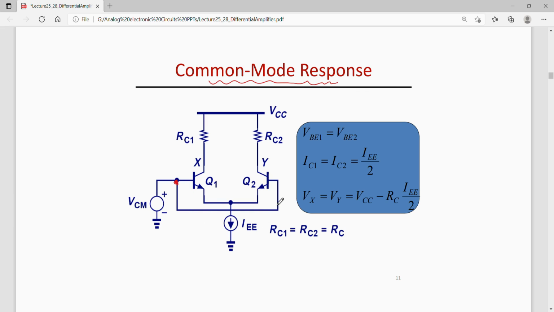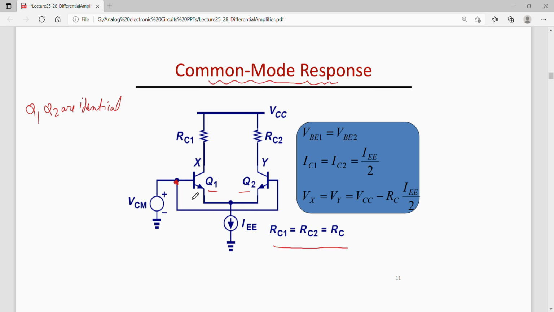Let us assume that these two transistors are completely matched or identical, Q1 and Q2. Also, the collector resistances are equal: RC1 equals RC2 equals RC.